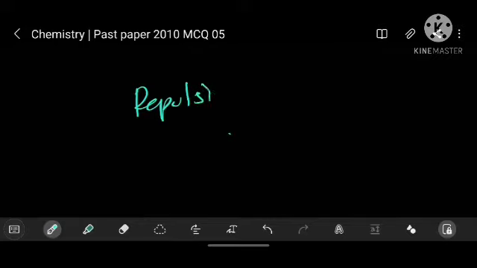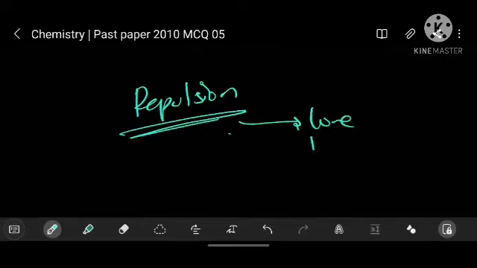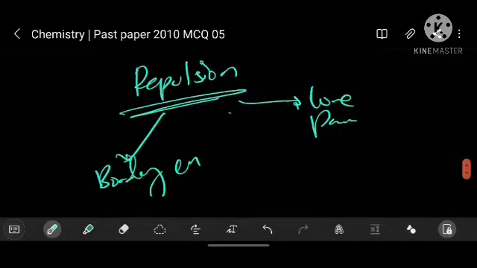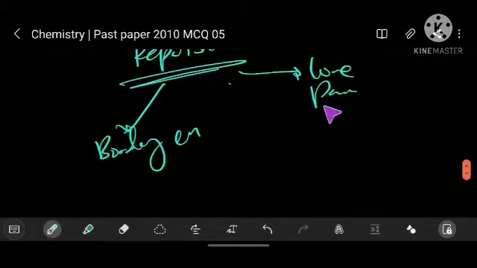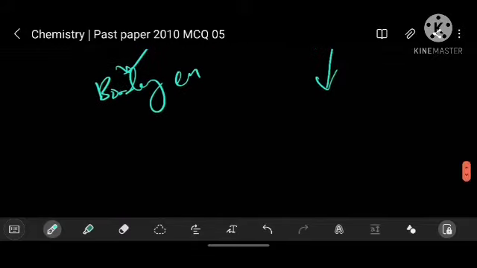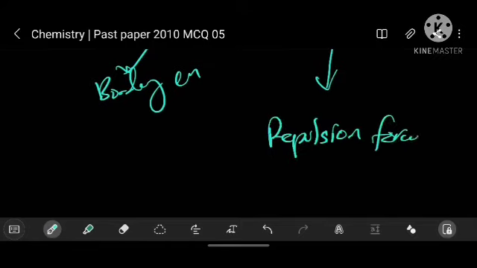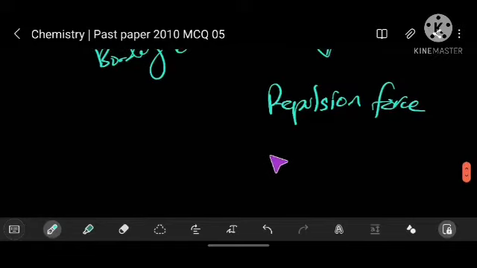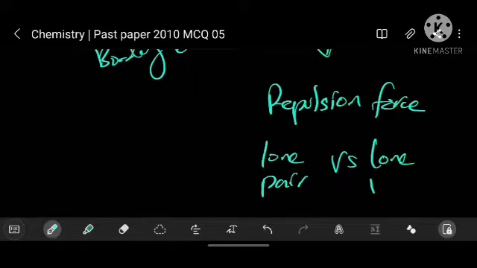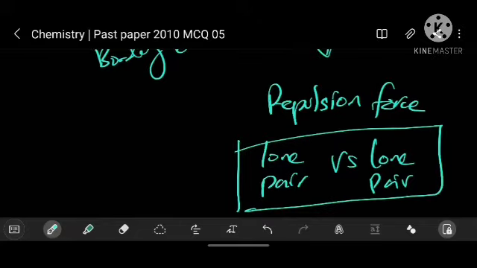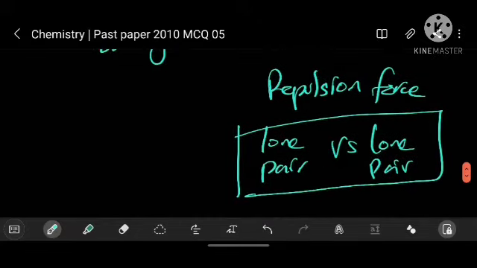We have lone pair electrons and bonding electrons, so we have two types of electrons. The repulsion force between two lone pair electrons is very, very high compared to the repulsion force between two bonding electrons, which is small.